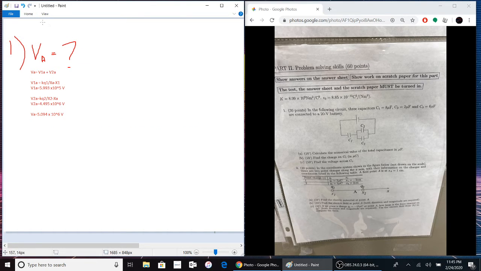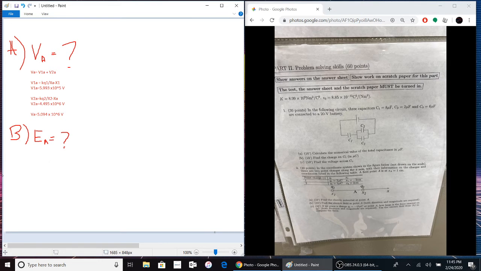I don't understand why I did this, but A. B, we need to find the electric field at point A with both direction and magnitude. So we need to find EA. And how do we do this?